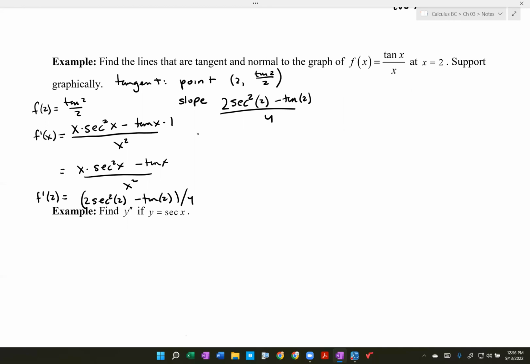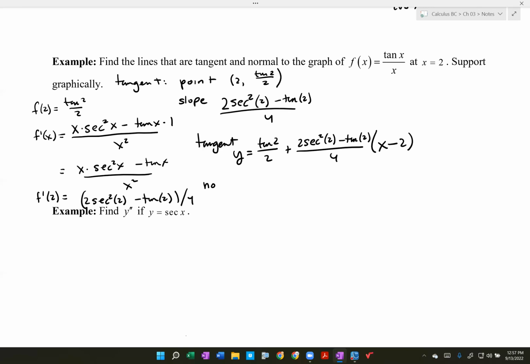And if I want to do the tangent line, then it'll be y equals tangent of 2 over 2 plus 2 secant squared of 2 minus tangent of 2 all over 4 times x minus 2. Okay. All right.